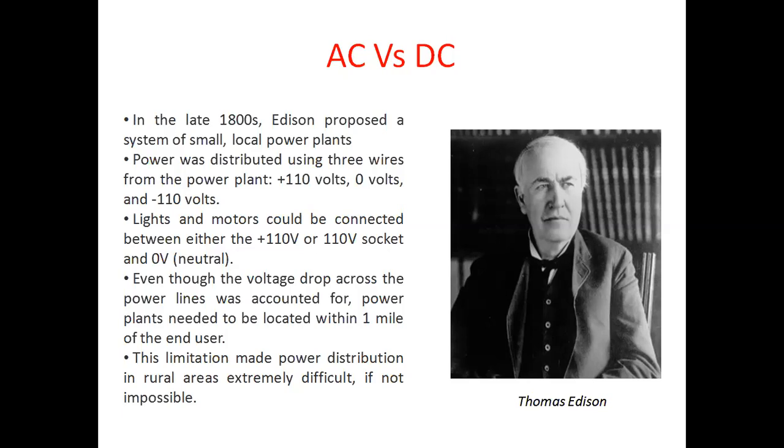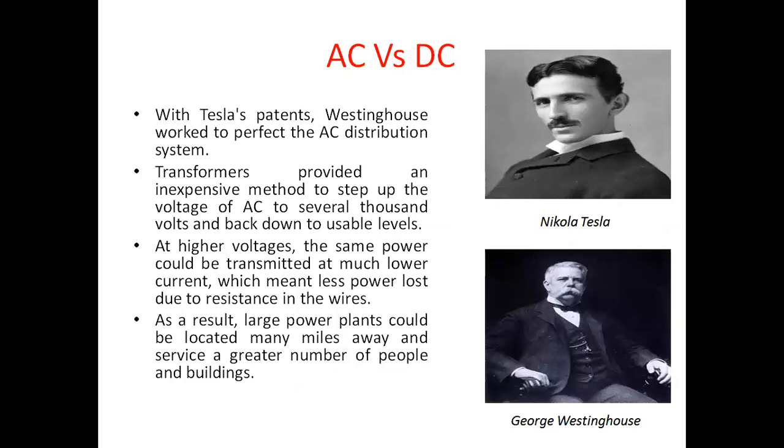Even though the voltage drop across the power lines was accounted for, the power plants needed to be located within 1 mile of the end user. This limitation made power distribution in rural areas extremely difficult. With Nikola Tesla's patents, Westinghouse worked to perfect the AC distribution system.